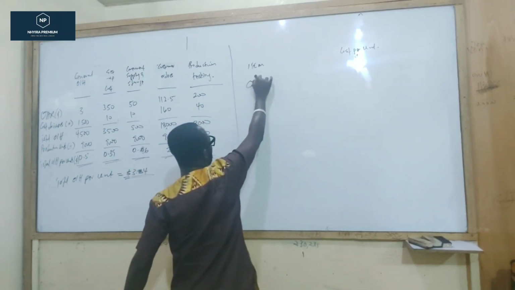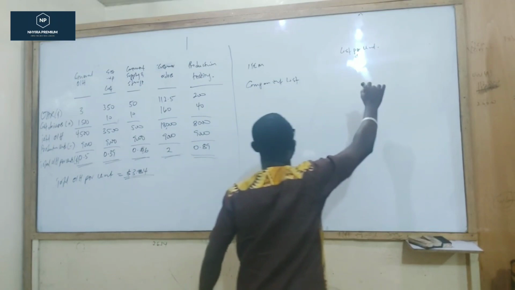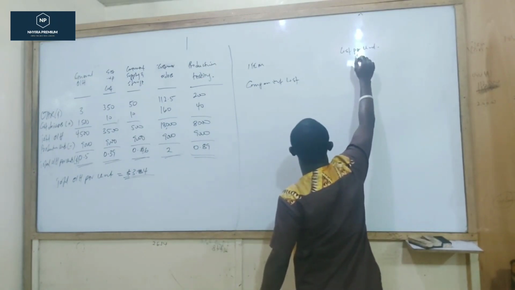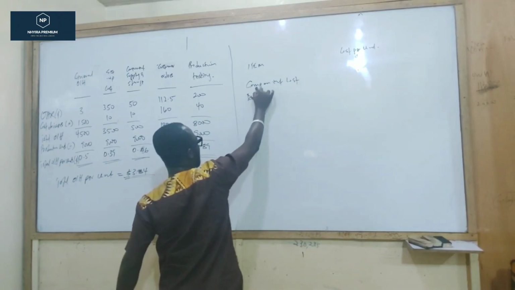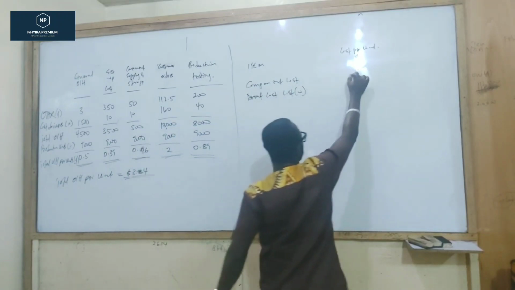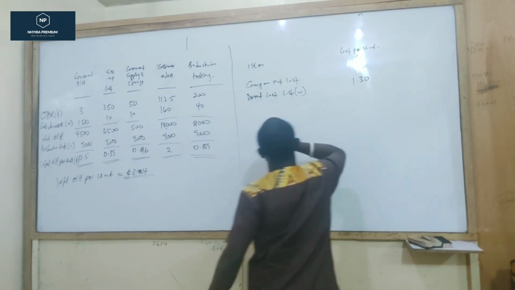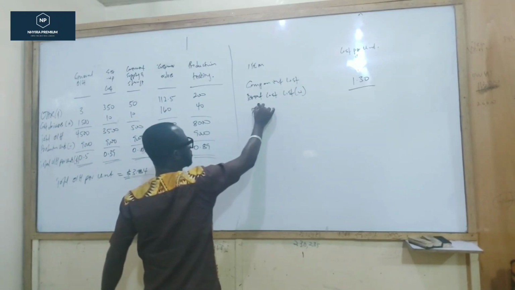So what is the component cost? That was given to us in the question. $1. Then direct labor cost, we calculated it: 1.3. We add the 2 up, that gives us 2.3.